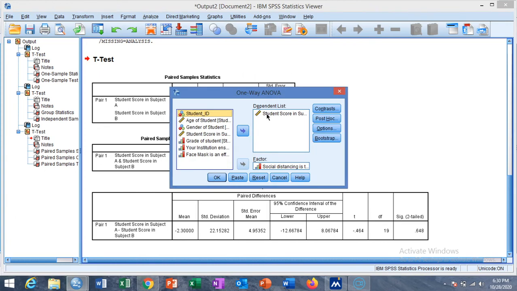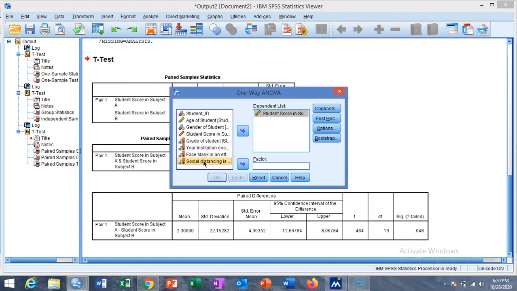We again assume that the dependent variable is student score. We want to compare whether the student score differs across the students' given responses to the statement: social distancing is the only way to stop the spread of COVID-19.